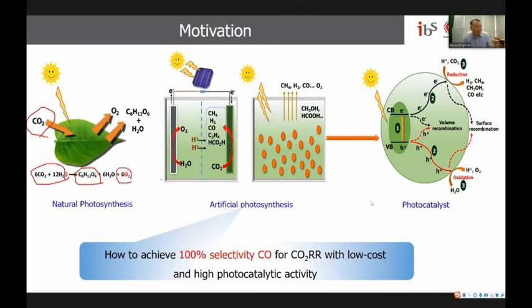So through CO2 reduction with the water system without any sacrificial agent, we are trying to get some meaningful product later on. But now we are aiming to have 100% CO selectivity.